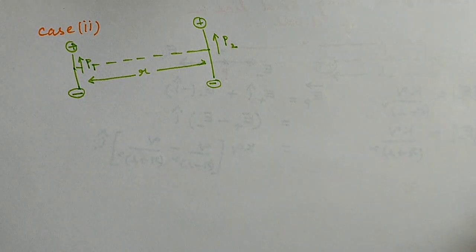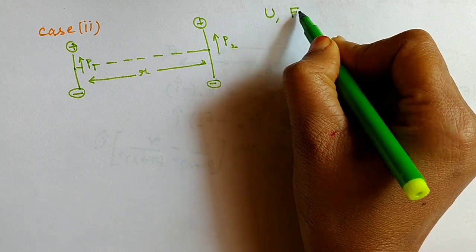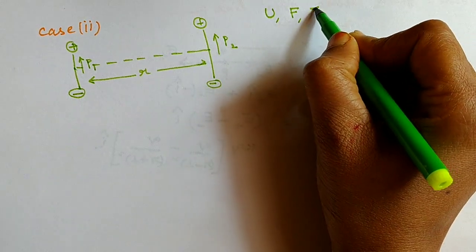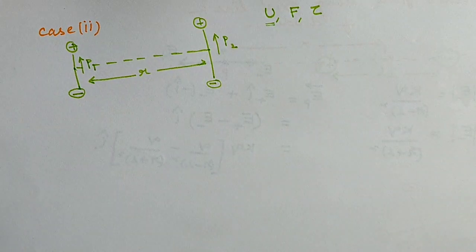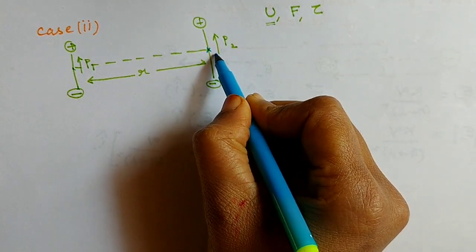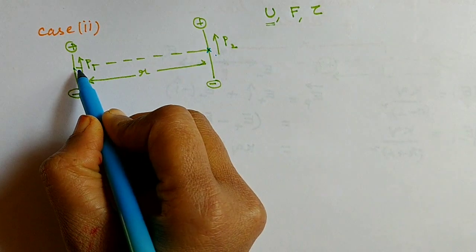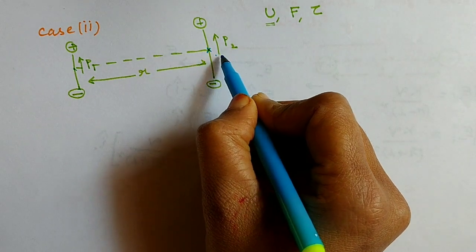Now for this alignment, we need to find out three terms: potential energy, force and the torque. For finding the potential energy, let us determine what is the field produced by the first dipole at the location of second dipole. So the field produced by P1 at this point, I'll write it as E21. Since dipole moment is upward, this is equatorial line.